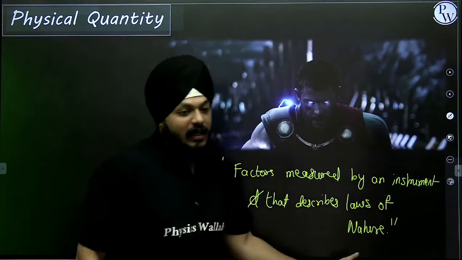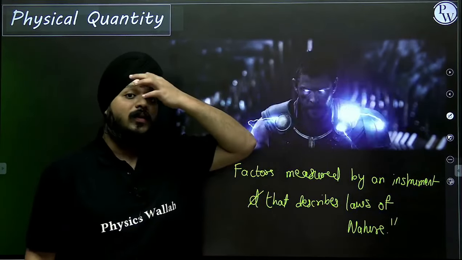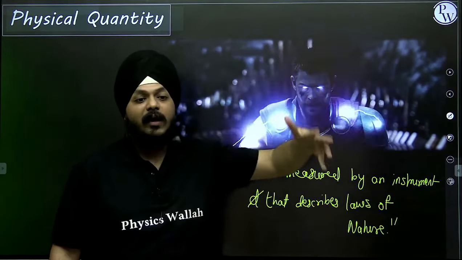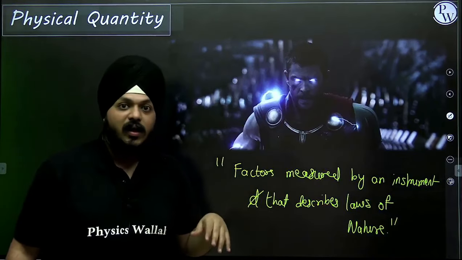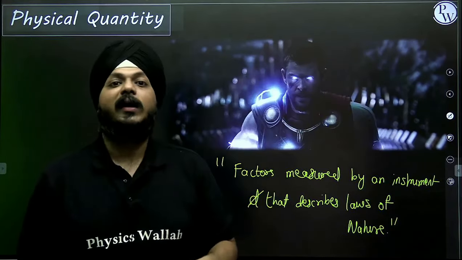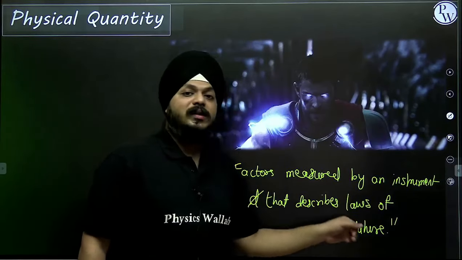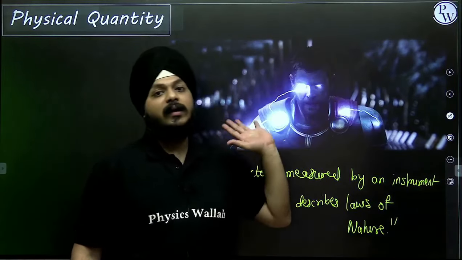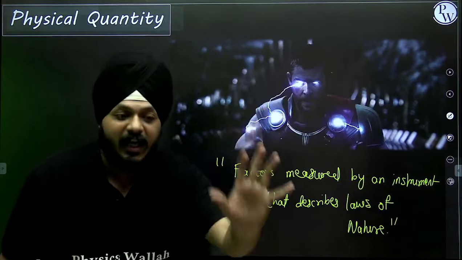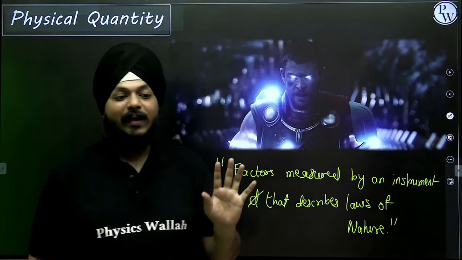Either laws of nature, because physics is all about the study of all of this stuff. But with the advancements in the field of science and technology, we are also analyzing all of those artificial things. So in another sense, rather than describing it as laws of nature, we are simply describing it as an activity.